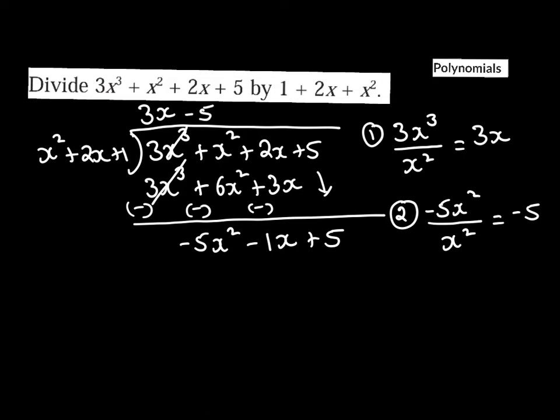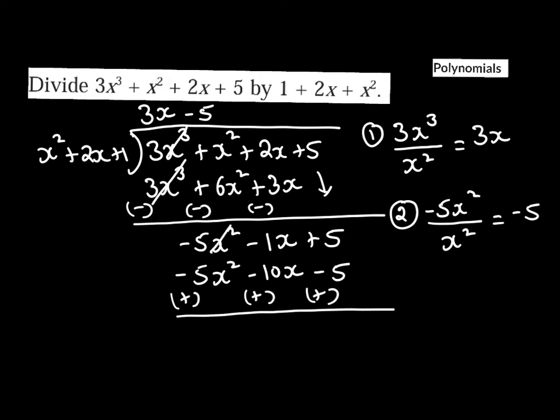We land up with minus 5, the second term of our quotient. So minus 5. Carry out the division process. Minus 5 times x squared is minus 5x squared. Minus 5 times 2x is minus 10x. Minus 5 times 1 is minus 5. Subtract the terms, and we get minus 1x plus 10x is 9x. 5 plus 5 is plus 10.